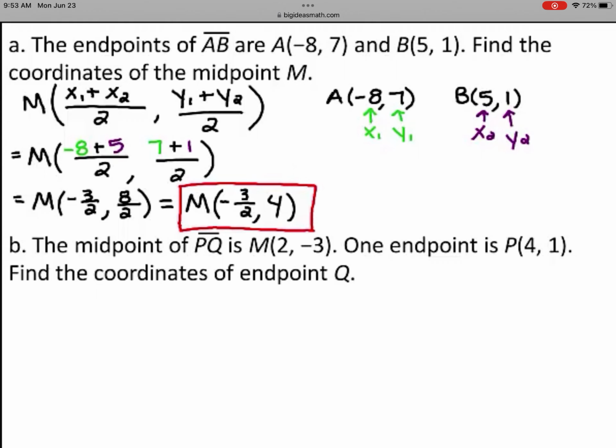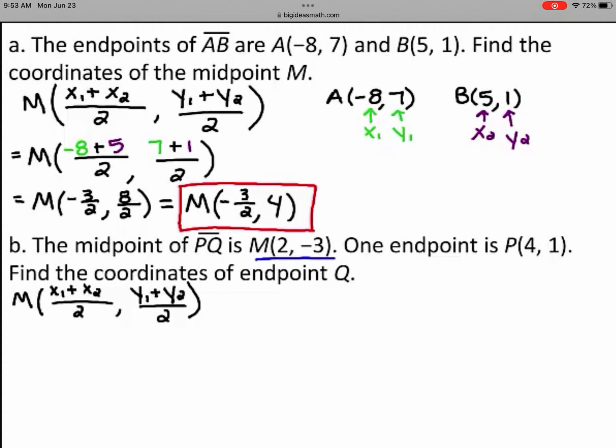In part B, the coordinates of a midpoint are x1 plus x2 all divided by 2, y1 plus y2 all divided by 2. In this problem, you are told that the midpoint of segment PQ is M(2, -3).